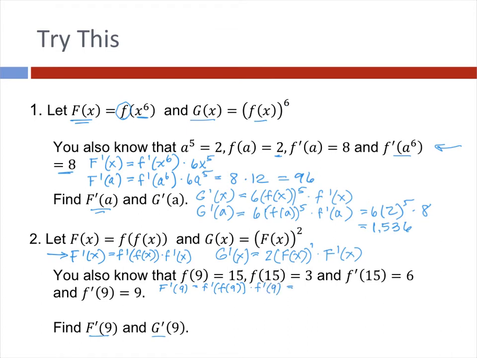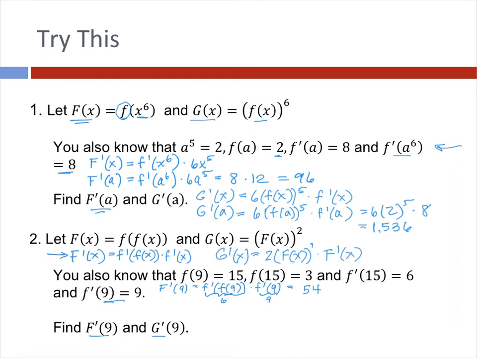And I believe they give us all of those values above, right? So f of 9 is equal to 15, and then f prime of 15 is equal to 6. So this portion right here is 6, and then f prime of 9 they give to us here, that's equal to 9. So we multiply those together and we get 54.